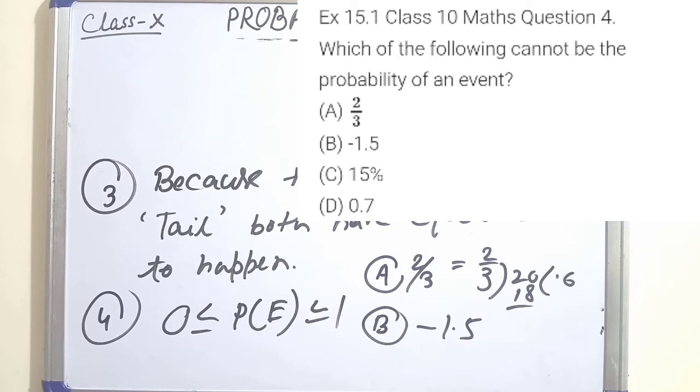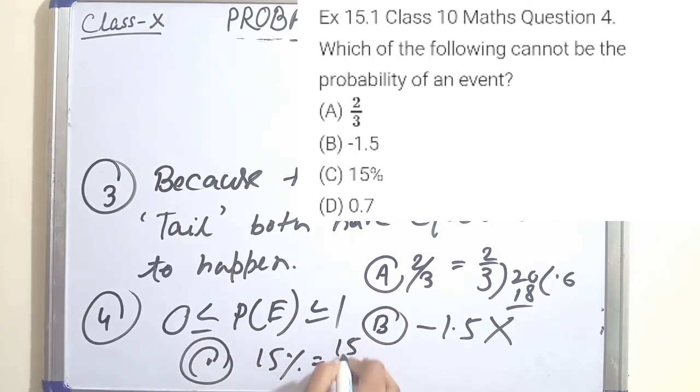So of course this is not a probability of an event, because this does not lie between 0 and 1. Next, option C, 15%. 15% means 15 upon 100, which is 3 upon 20.